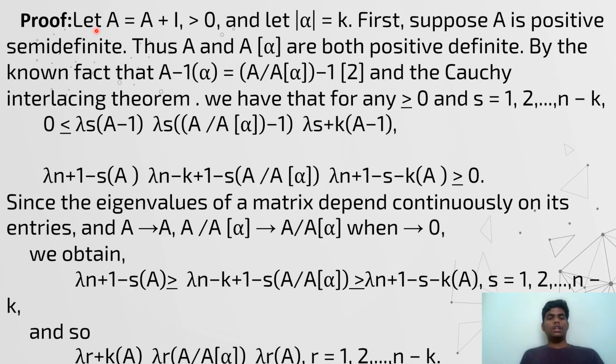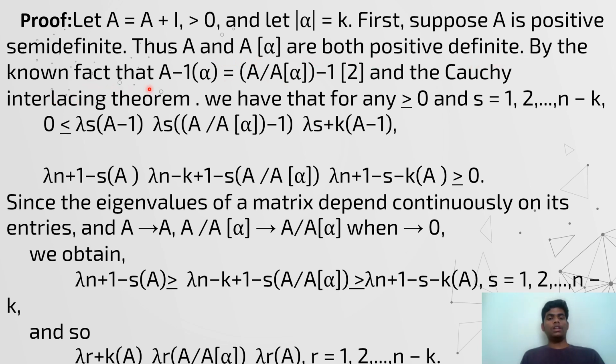Proof. Let A epsilon equal A plus epsilon I, with epsilon greater than 0, and let the cardinality of alpha equal k. First, suppose A is positive semi-definite. Thus, A epsilon and A epsilon[alpha] are both positive definite.